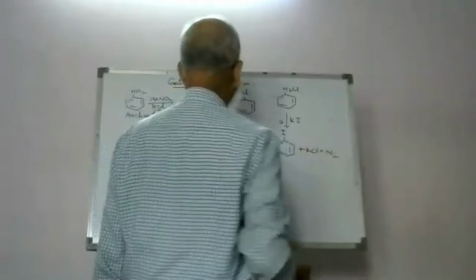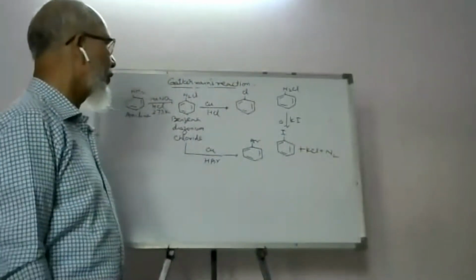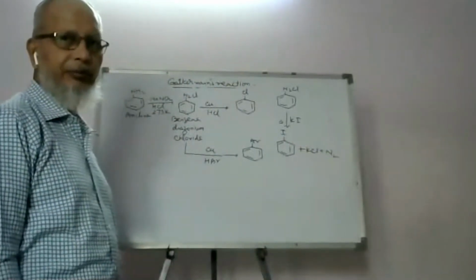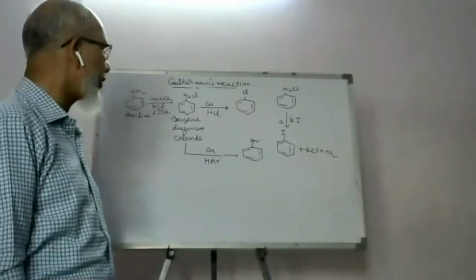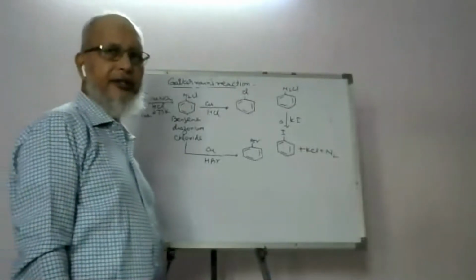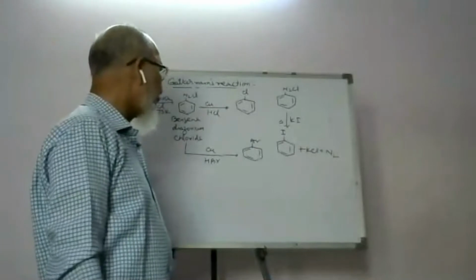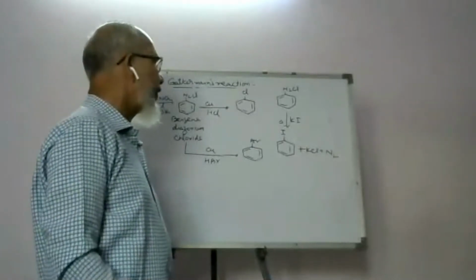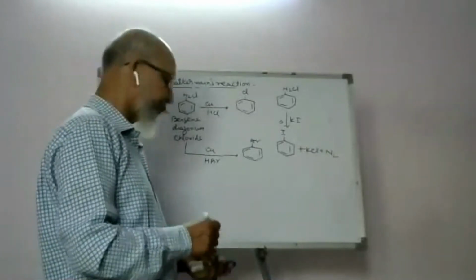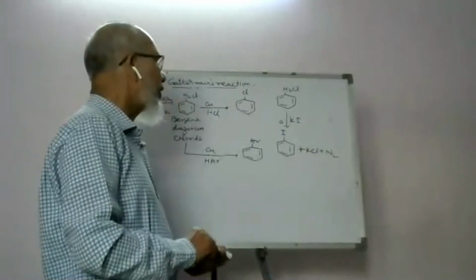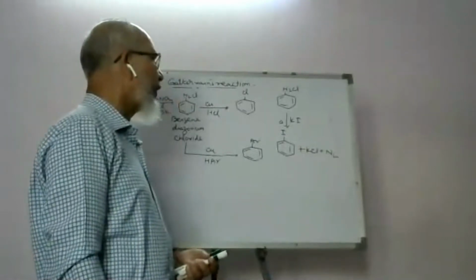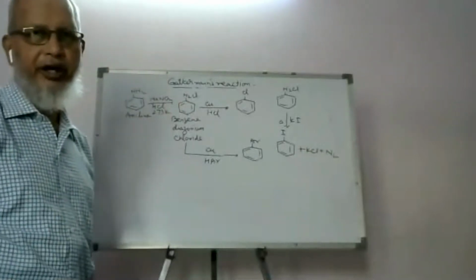So for the preparation of chloro and bromobenzene, we use cuprous chloride and HCl and cuprous bromide and HBr respectively in Sandmeyer reaction, and copper and HCl and copper and HBr in Gattermann's reaction. But for the preparation of iodobenzene from benzene diazonium chloride, it is heated with potassium iodide.